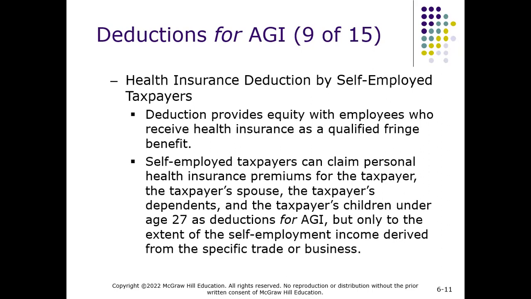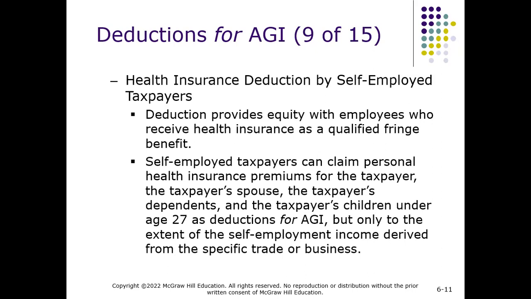Self-employed individuals cannot deduct any health insurance premiums they pay for themselves, their spouse, or their families on the Schedule C itself. Instead, they are allowed to deduct the health insurance premiums they pay for themselves, their taxpayer spouse, and their dependents and children under the age of 27 as a deduction for adjusted gross income to the extent of self-employment income from the specific trade or business.